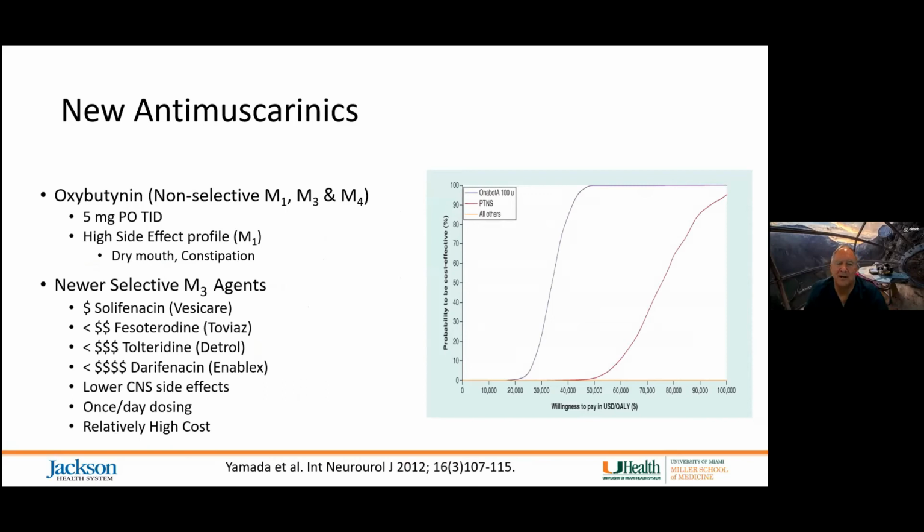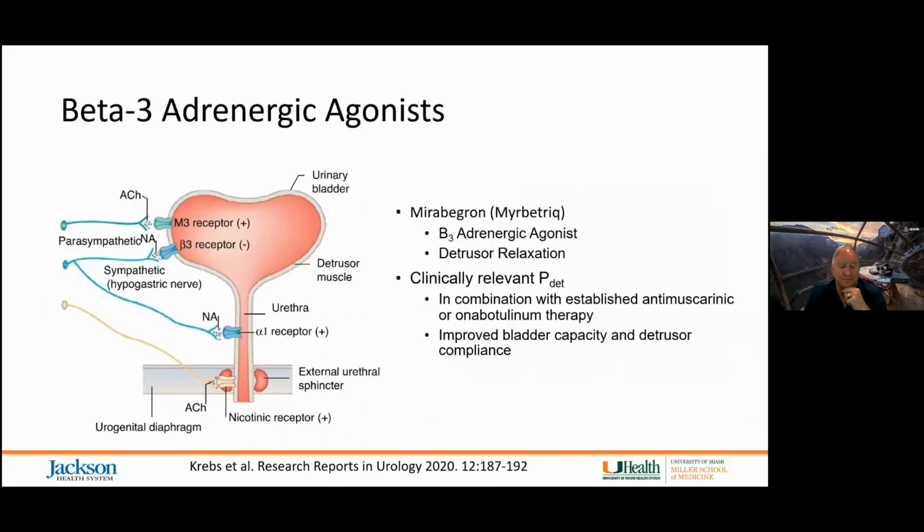There are newer selective M3 agents, and I have them listed out here, all of which have fewer side effects and are well tolerated, much better tolerated than, for example, oxybutynin, but at a relatively high cost. And so you'll have to work with your insurance companies and your patients to determine what is going to be the best fit for them. I want to use the least expensive drug that will allow a person to maintain continence. And I think that that's an appropriate goal.